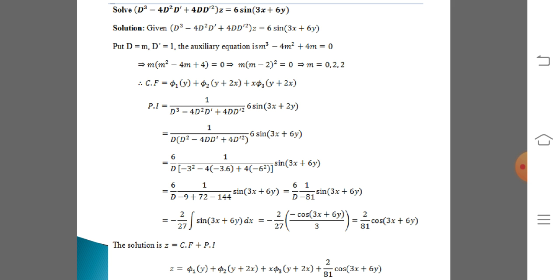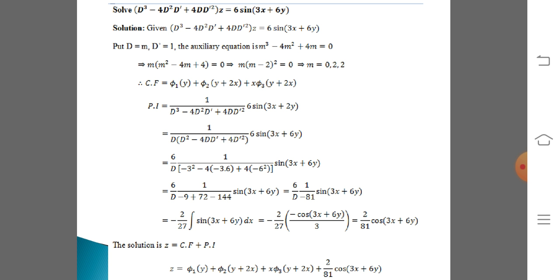Okay. So, to find the particular integral for sine of ax plus by or cos of ax plus by, we have to put d square equal to minus a square, d dash square equal to minus b square, d dash equal to minus ab. So here a is 3 and b is 6. Okay.